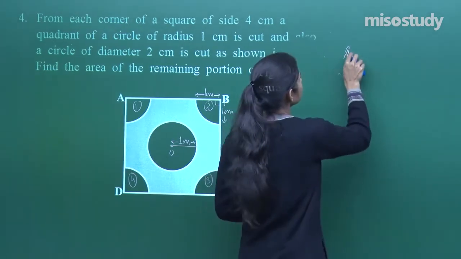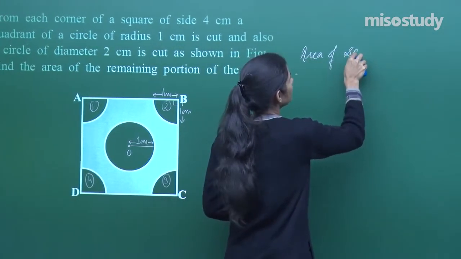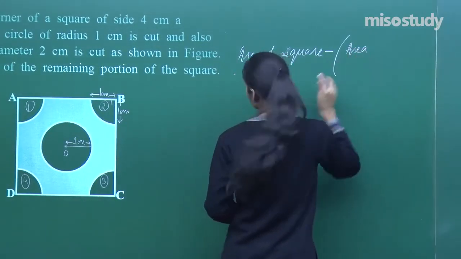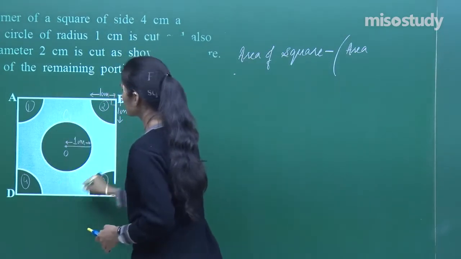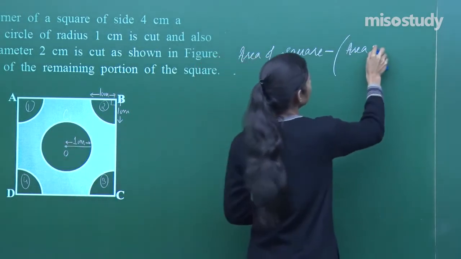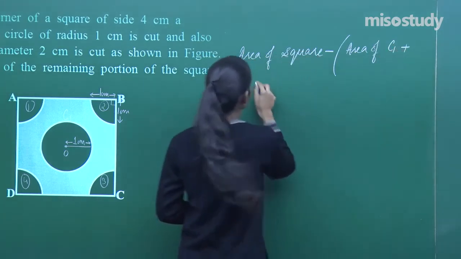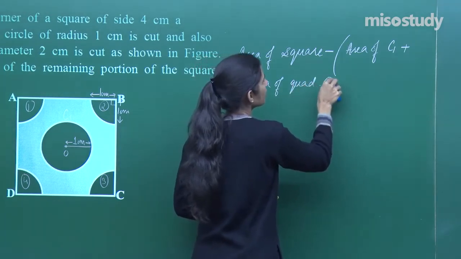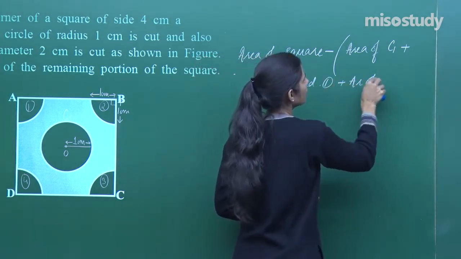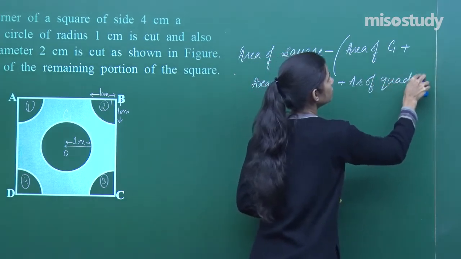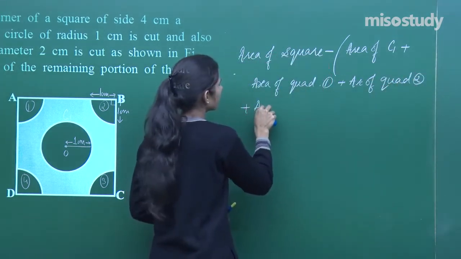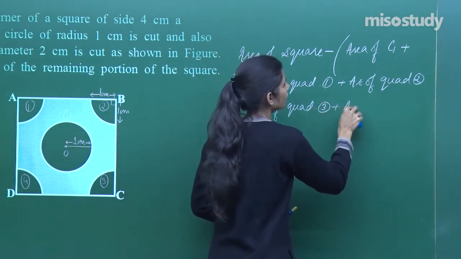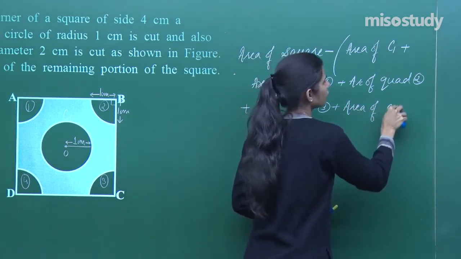So what I am trying to say is, area of the square you evaluate, from it you remove, this circle of radius 1 centimeter is circle 1, you remove area of circle 1 plus area of quadrant 1 plus area of quadrant 2 plus area of quadrant 3 plus area of quadrant 4.